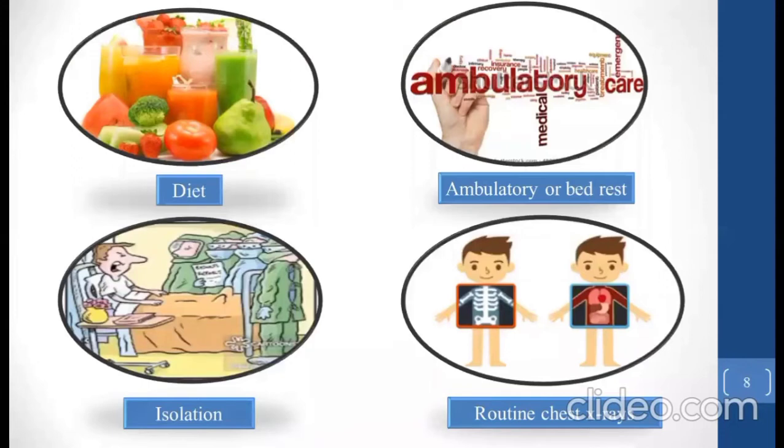Now the diet. This may be general as tolerated, regular, soft, liquid. The ambulatory or bed rest, in which the child can remain ambulatory if the parent can supervise the child, and this should be indicated in the order.